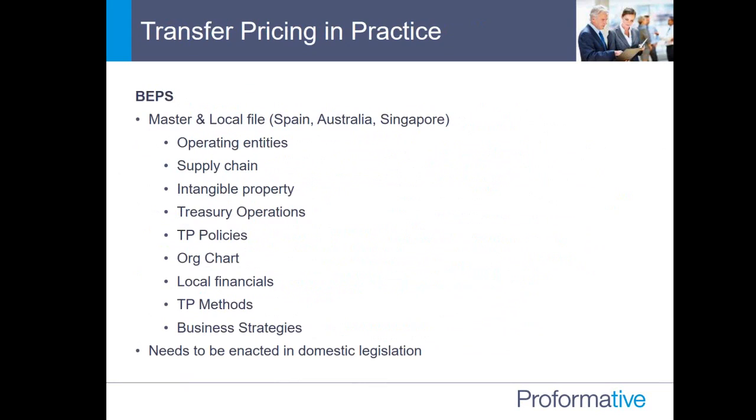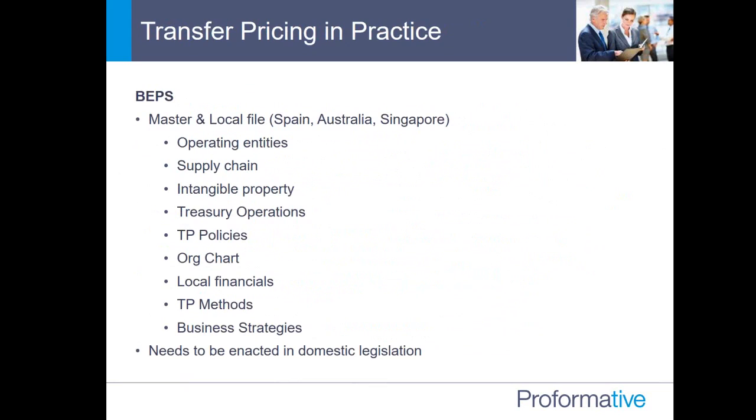The one thing to say about the BEPS initiative is that it is supported by national governments, but it is not a requirement of those national governments, and the OECD has no jurisdiction over national governments, and therefore over the next couple of years we can expect to see the outputs from the BEPS initiative being implemented in a perhaps slightly ad hoc fashion in different countries, really quite a pick and mix type approach.